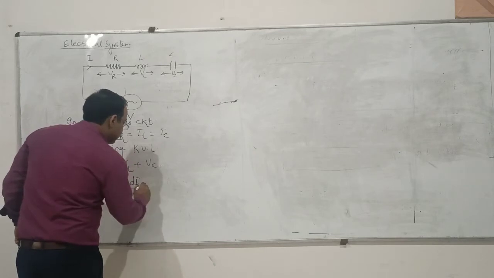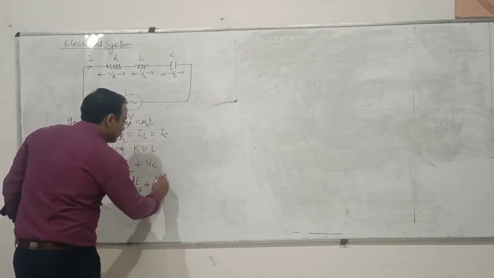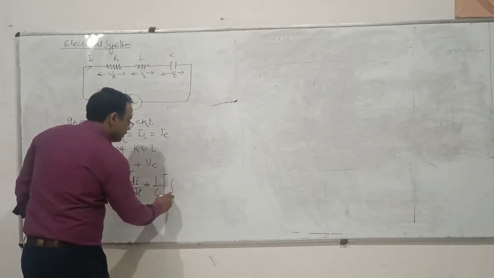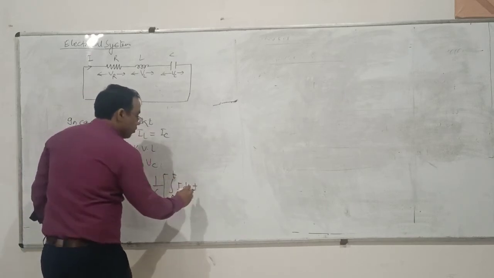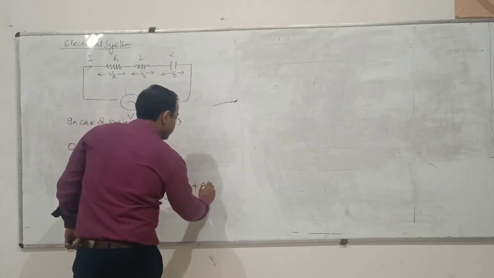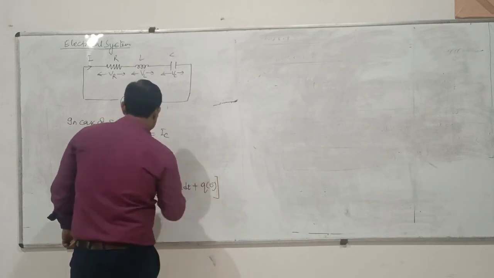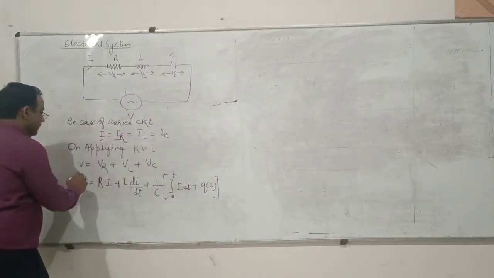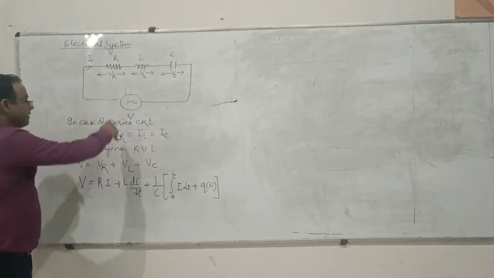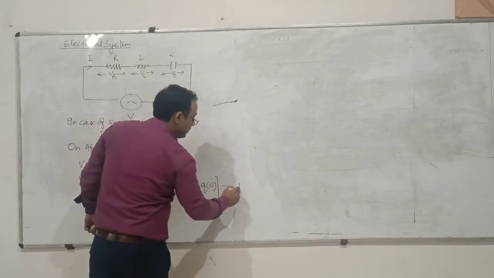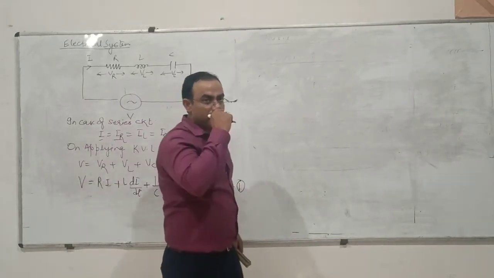And for capacitance, 1 upon C integral from 0 to t of I dt plus Q0. So this is the equation. This voltage is the externally applied voltage in the series circuit. So this equation can be written as equation number 1.